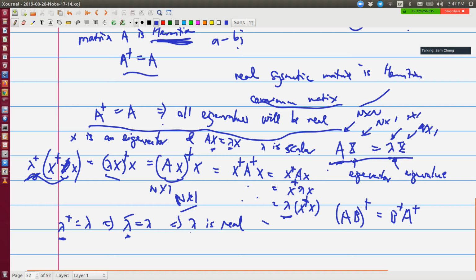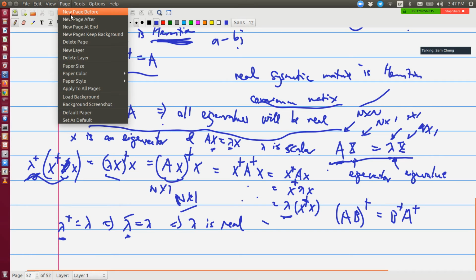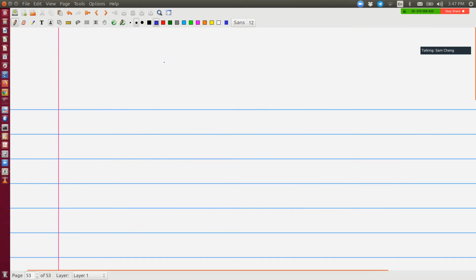And let's create another page here. If matrix A is Hermitian, then I have eigenvectors, let's say x1 and x2.